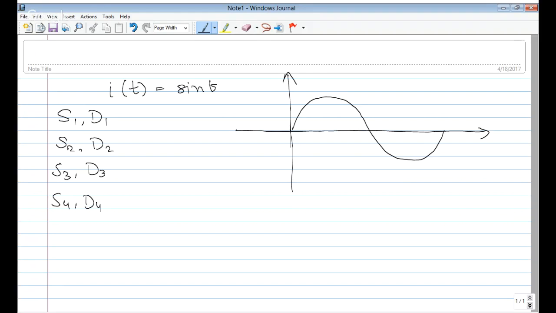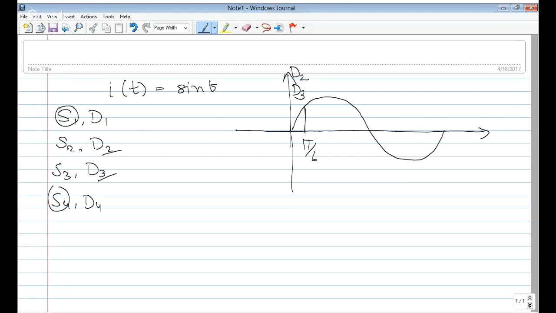So if S1 and S4 are not conducting, but still the current is positive, that means from 0 to pi by 6, the diodes that are conducting are D2 and D3. Because both S1 and S4 and D2, D3 carry the current in the same direction, that is, the current is positive.